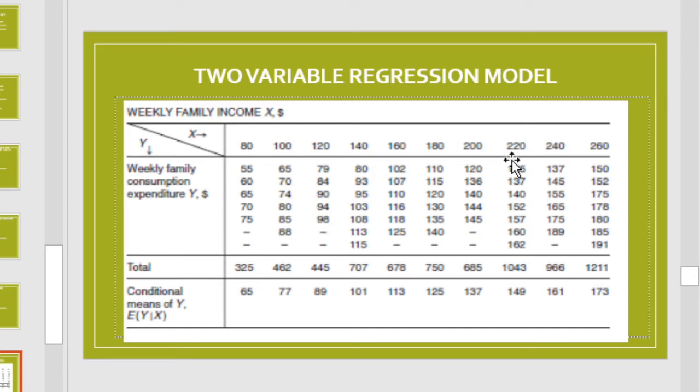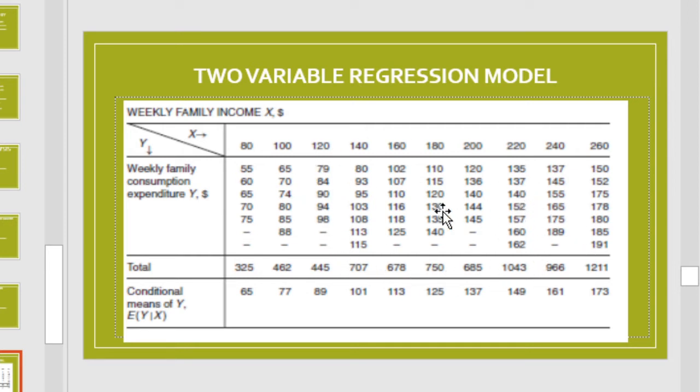We have divided the families into 10 groups based on their income, so we have 10 fixed values for X, and the corresponding Y values against each of the X values are also given. Here the fixed or given values are the weekly family income, and corresponding to that their consumption expenditure is also given.